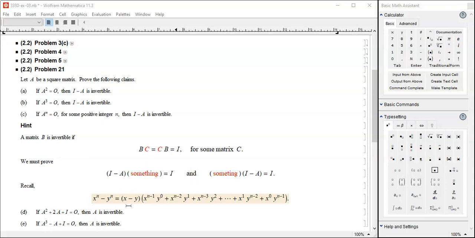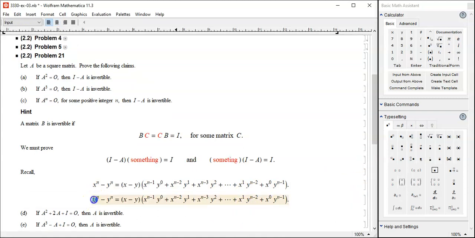And you'll see a bunch of cancellation. Pluses and minuses canceling out, boom, boom, boom. And you're going to get only x to the nth power minus y to the nth power. Everything else in between canceling out. So this is actually true. And use the matrix version of this, and you're through.